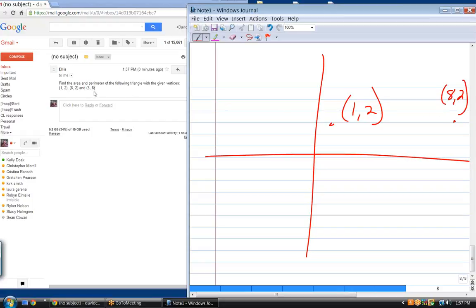And the third point is 3, comma 6. Well, 3 is somewhere between 1 and 8, and 6 is way up here. They want the area and the perimeter of that triangle.